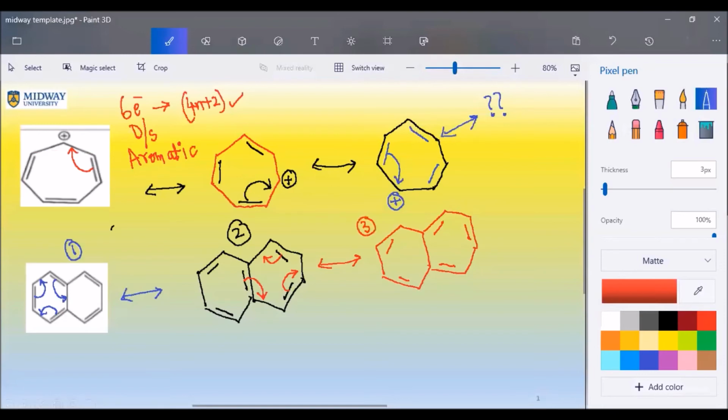Okay, I'm going to show you what is not a resonance structure. Let's do pink. Let's say I move this here, move this here, and move this here.